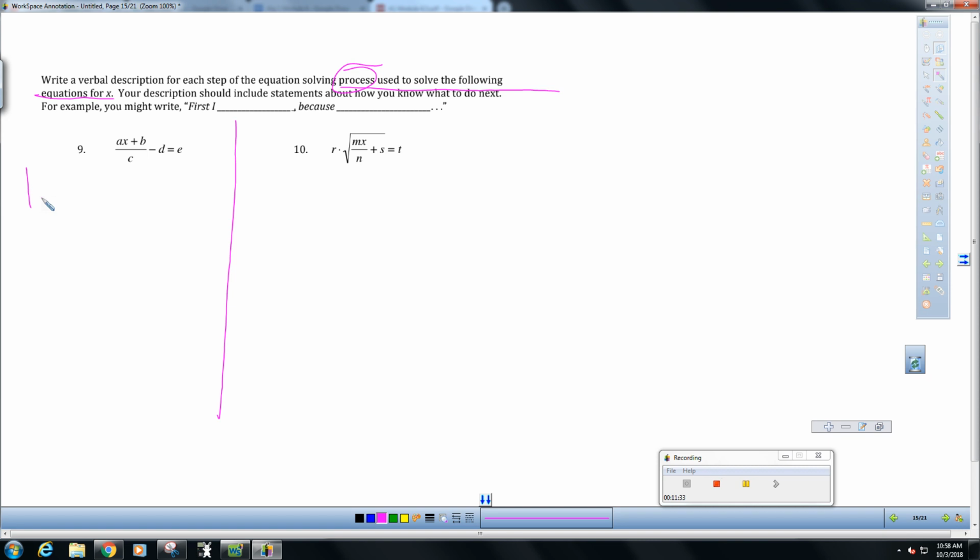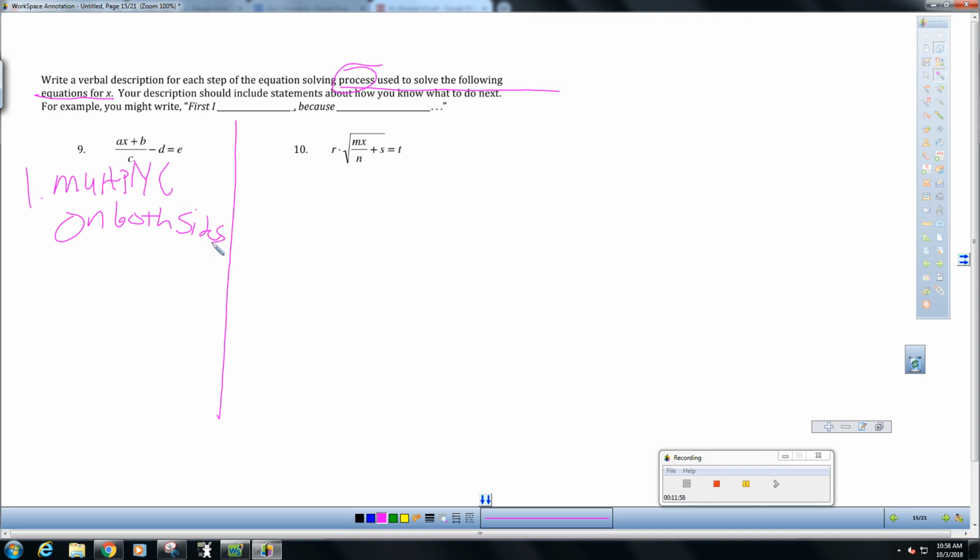Okay. We need to multiply by c on both sides so that we can get away with the fraction.